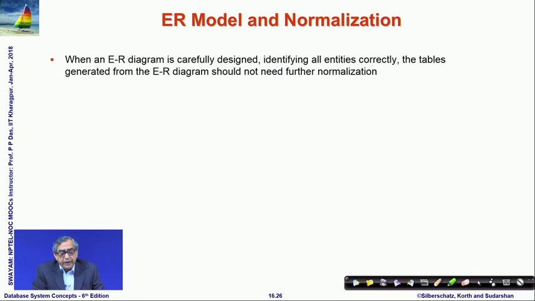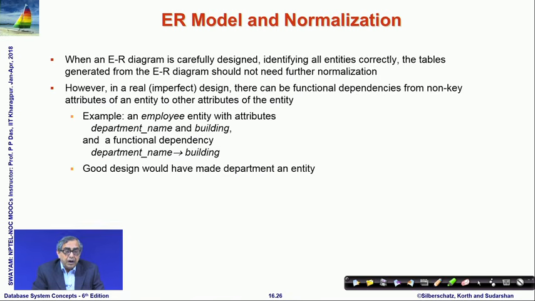So, if we have taken the ER model track, then frankly speaking, if the ER model is carefully designed, every entity defined in that ER model will have only dependencies where the determinant is a super key. Just recall the employee, department, building situation we discussed earlier. An employee entity has attributes department name and building, and there is a functional dependency from department name to building.